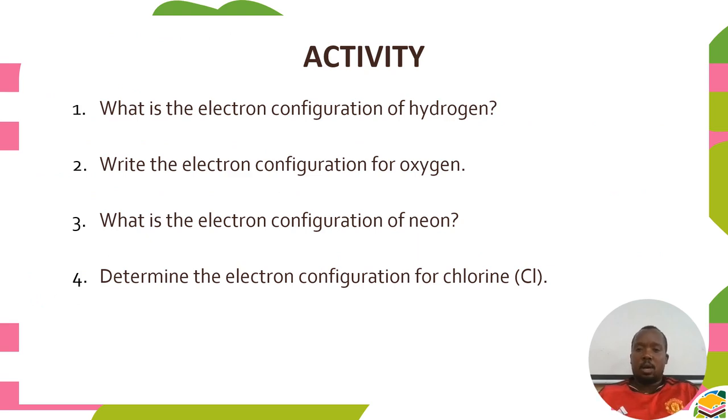Well, this marks the end. Now that we have looked at the electron configuration, we have looked at how electrons are arranged in given orbitals or shells. Let us go through the following activity.